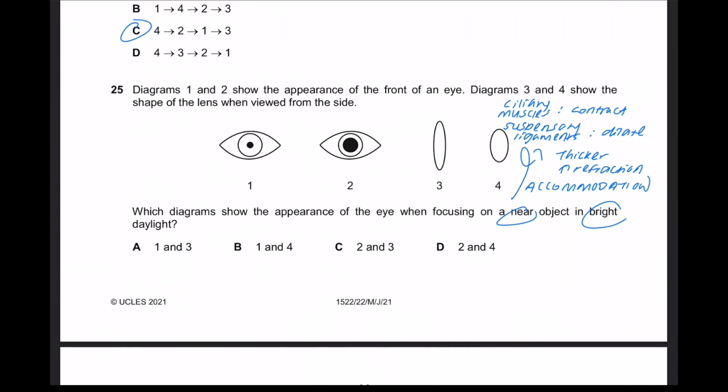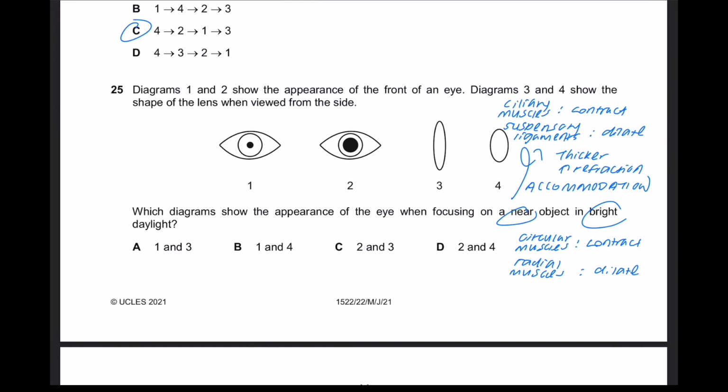While in bright light, the circular muscles would contract, while the radial muscles would dilate. They are antagonistic. It is an antagonistic action.